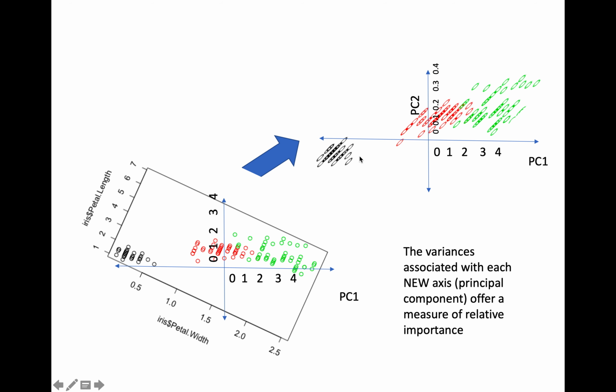So now I have variances associated with each principal component, and the more a principal component explains the variance, the higher its relative importance. So PC1 is stretching the data a lot. It is very important. PC2 is stretching the data less.